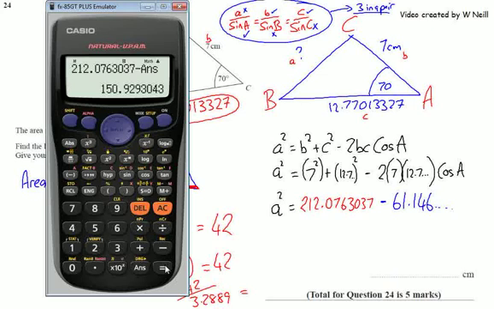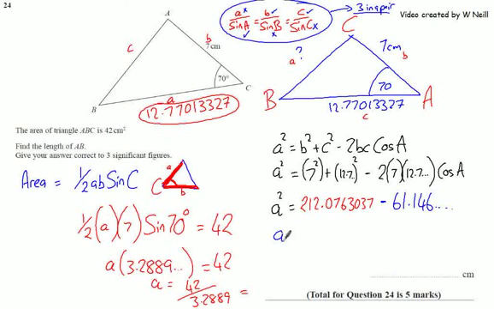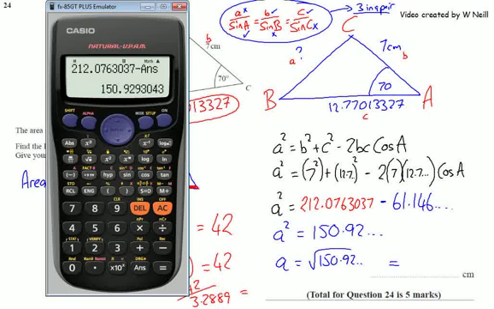So a squared is 150.92. a squared is equal to 150.92. That goes on. a must be the root of 150.92, which is equal to, keep that on the screen, go square root of my answer, equals 12.28.